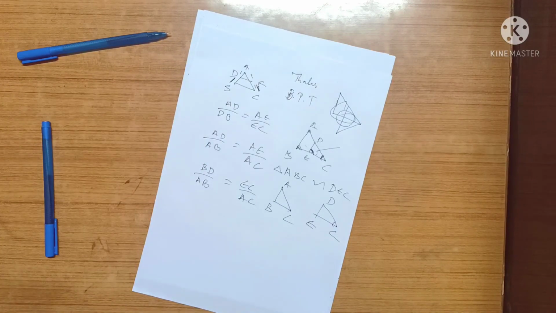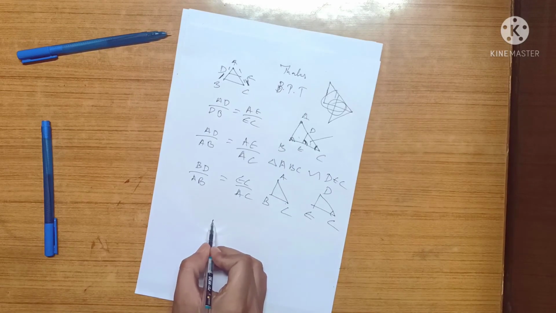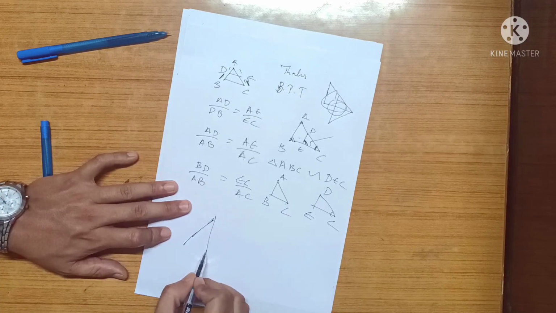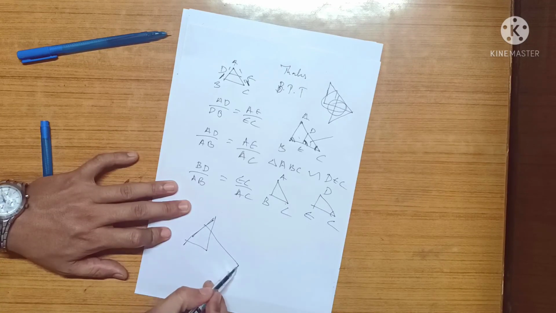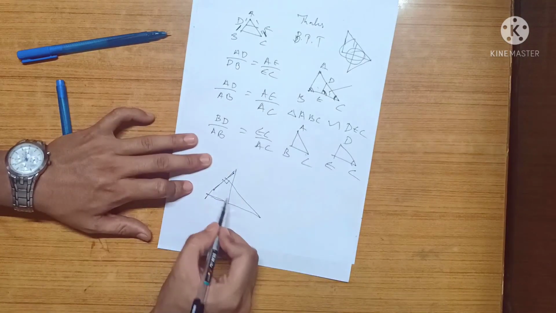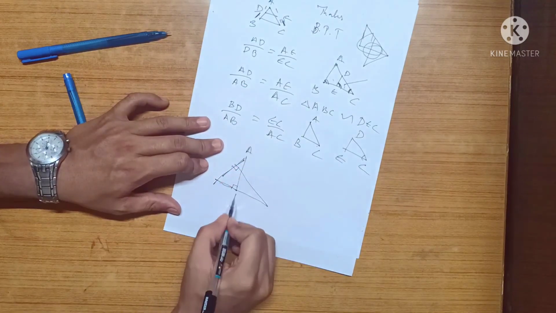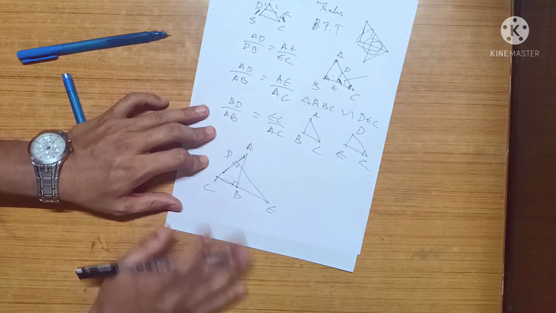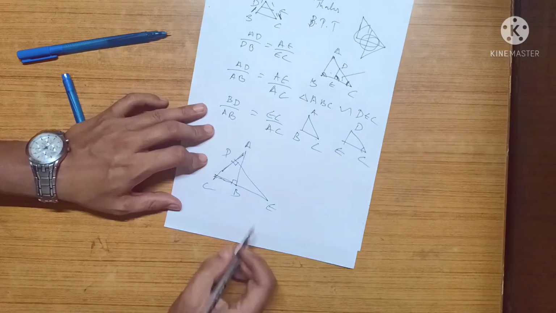Let me look at another question. Suppose we have a triangle like this. Suppose this is 90 degree, this is 90 degree, and this A, B, C, this D and E. There are two triangles attached here, right?